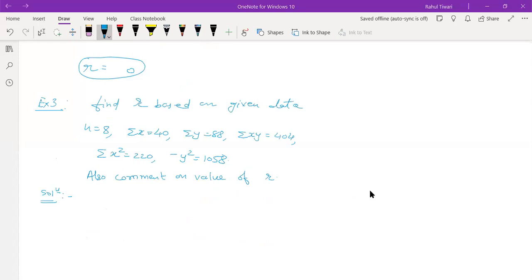So this is the one example. You can try out another. See, there are several examples. I'm just listing a few, but you can work out several examples. Refer to a different textbook or notebook.